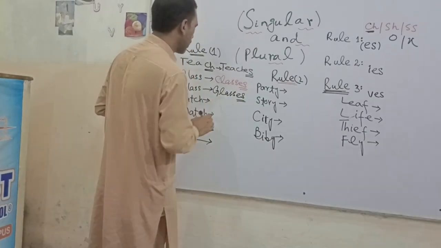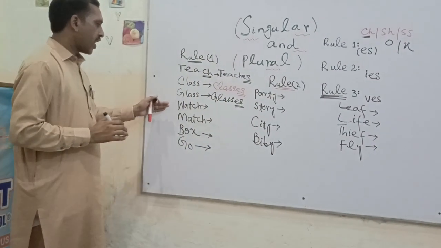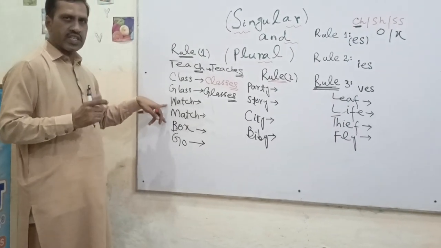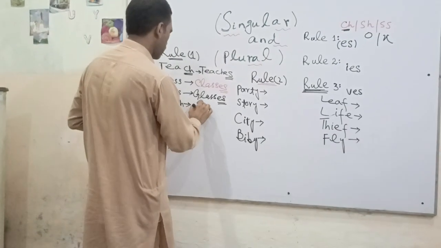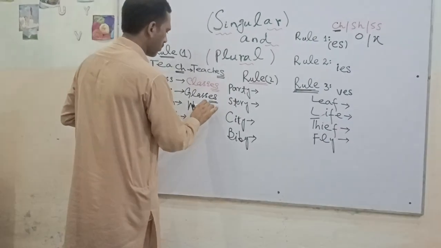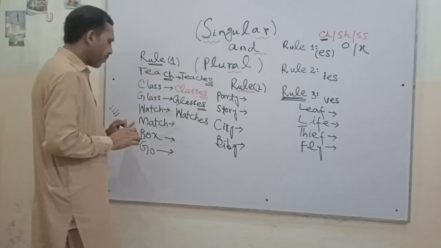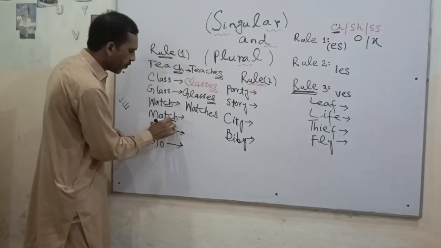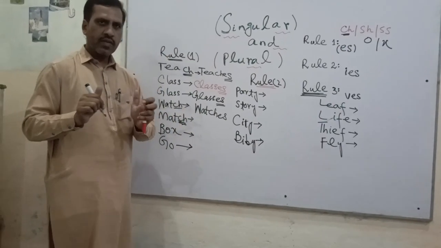Put es to make plural, as well as watch. The plural form of this word is watches. And match, at the end of this word is ch, we add es to make matches.